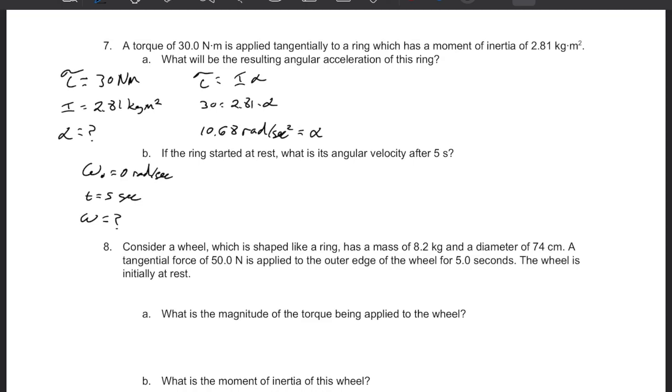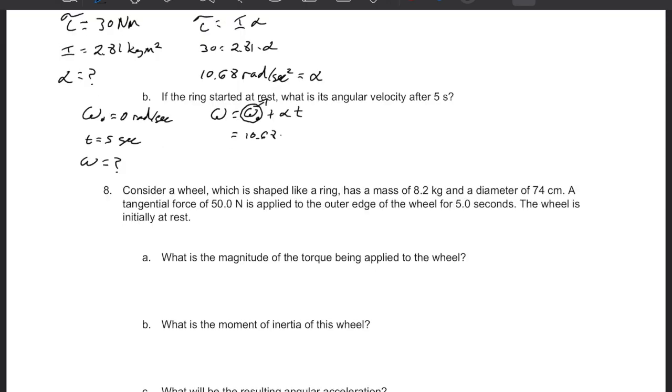Omega naught is 0, that just goes away, because 0 plus anything doesn't change anything. We have 10.68 times 5. And when we do the math, we get omega should be about 53.4 radians per second.